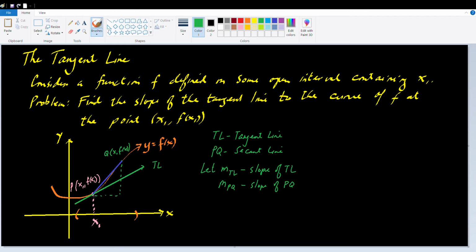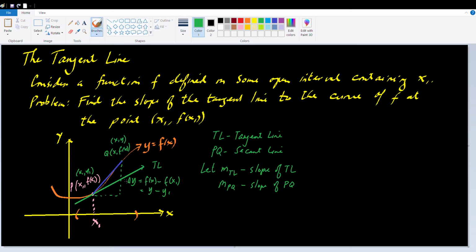Let us consider this triangle. This side is represented by delta y, which is actually equal to f of x minus f of x sub 1, or we can just write this as the difference between y and y sub 1. The coordinates of point P can also be represented by x1, y1, while that of Q can be represented by x, y.